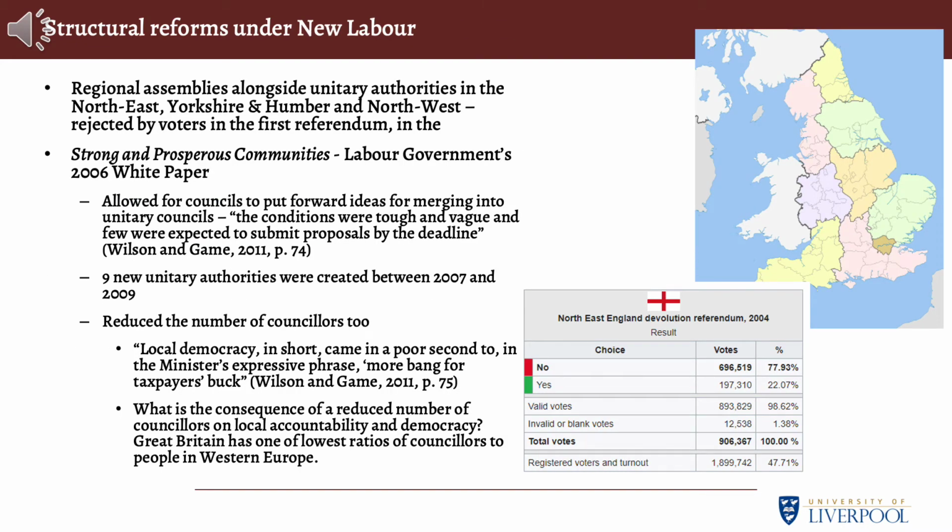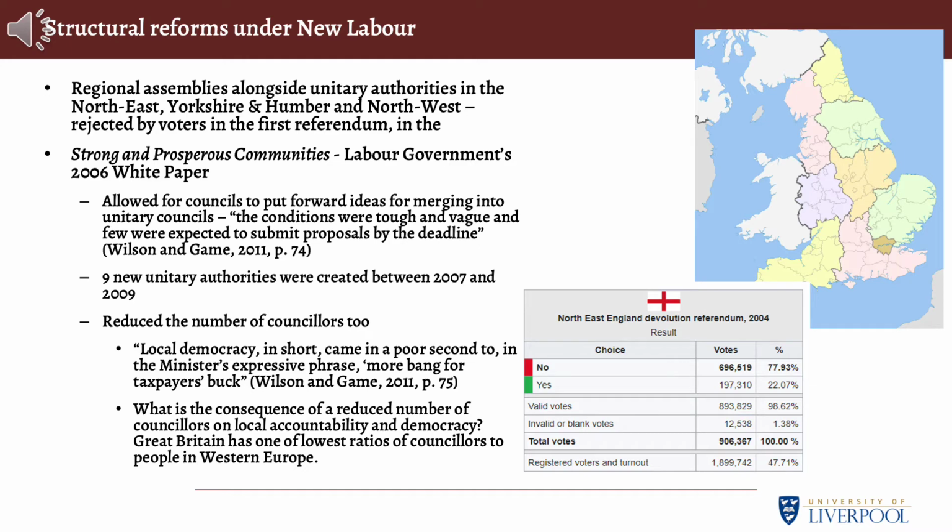Obviously, New Labour came into office promising devolution to Scotland and Wales and nothing to England apart from regional assemblies. Now, these would be the equivalent of devolved assemblies, but under Labour's plans, areas that had them would have been forced into a unitary authority beneath them.